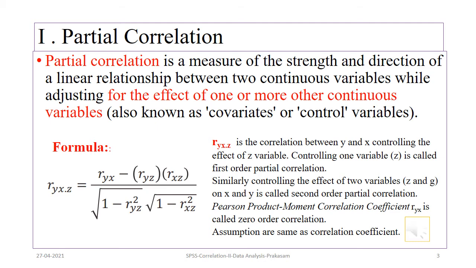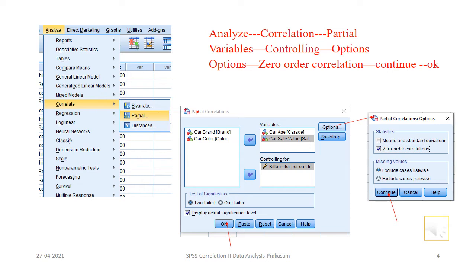Here we will illustrate the partial correlation coefficient for the car sale data by using SPSS. In SPSS, go to Analyze, Correlate, and click Partial Correlation, and you will get the partial correlation submenu on the right side.